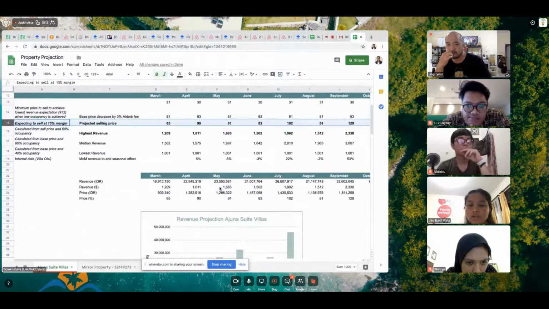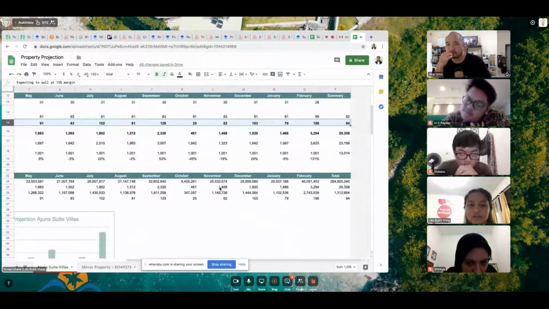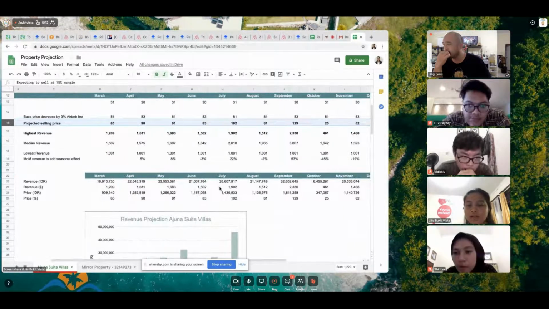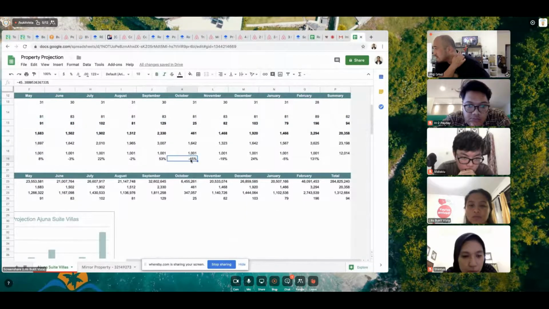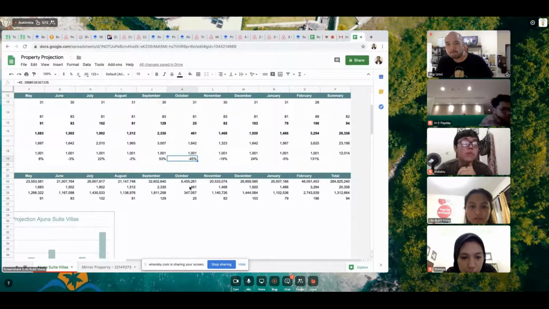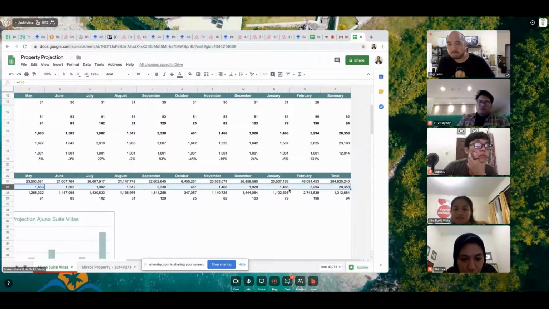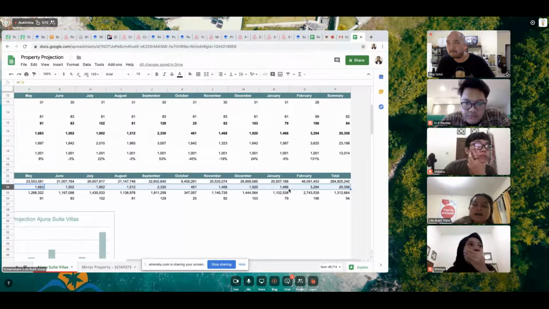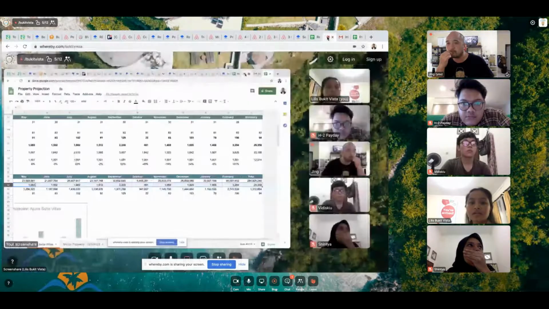What is a bit strange here is that I'm only using a single data source from Villa Olel, so there is a decrease of about 45% in October that drives the revenue very low. I still consider trying to use another similar property. Maybe that's all from me for my projection.